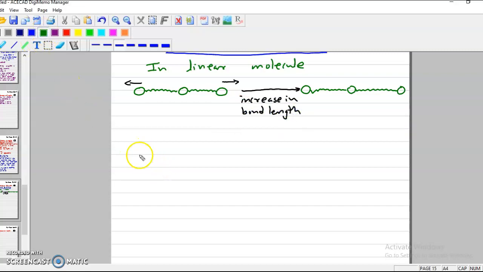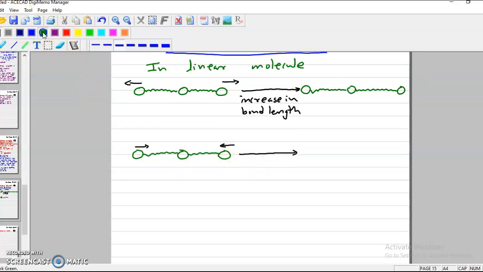Second type of symmetrical stretching is possible within molecule. Here we are keeping all these atoms at equal distance from others. Now these two end atoms move towards central atom, in opposite directions from each other.